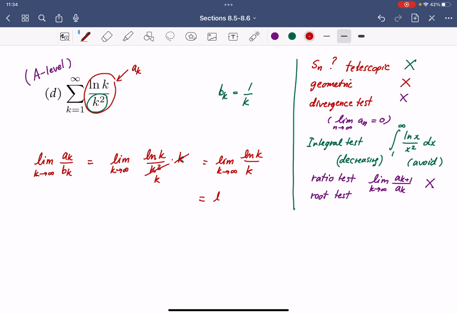If you do the L'Hopital rule, the derivative of log k is 1 over k. Differentiate the top part and the bottom part, and you get 0. Which means for b_k, if you pick k squared, it does not work, and k does not work either.